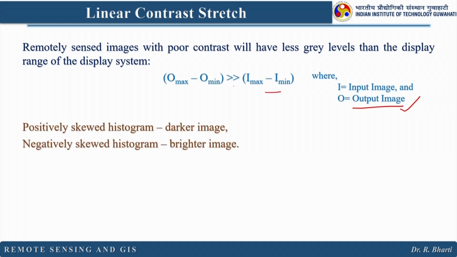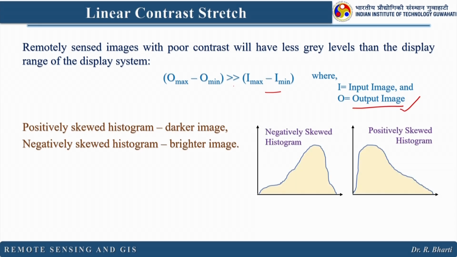There is a concept called positively and negatively skewed histograms. Here you can see whether an image is positively skewed or negatively skewed. In a negatively skewed histogram, the values are in the higher range. This is 0 to 255, and this is again 0 to 255. If the values are more in the higher range, your image will be brighter.